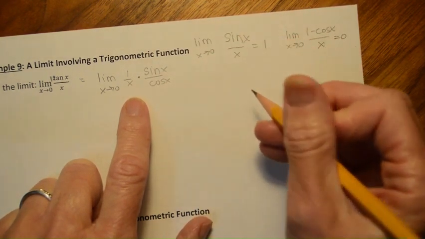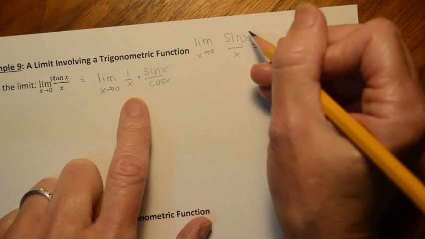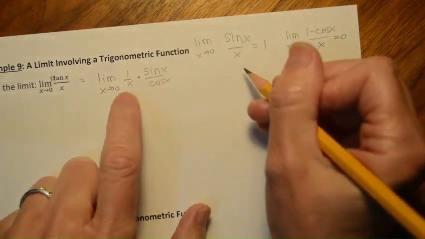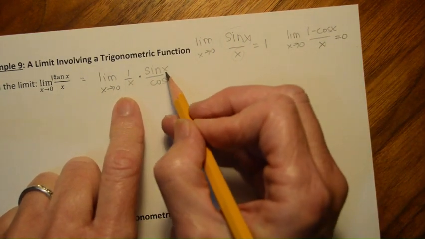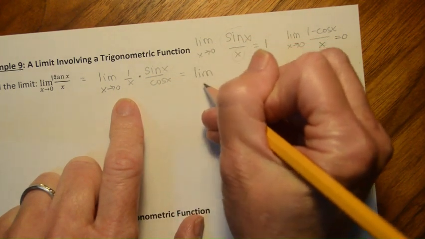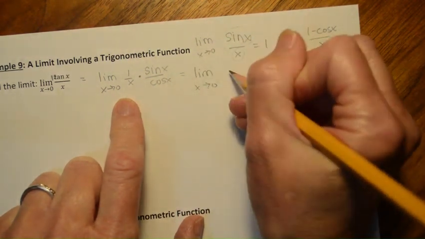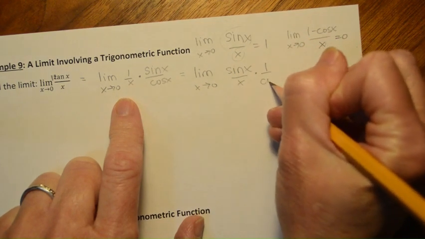So then I've got to find some way to make it look like one of those. I can see that I have that sine x in the numerator and an x in the denominator. So now I'm just going to shuffle these, and I'm going to rewrite this as limit as x approaches 0 of sine x over x times 1 over cosine x.